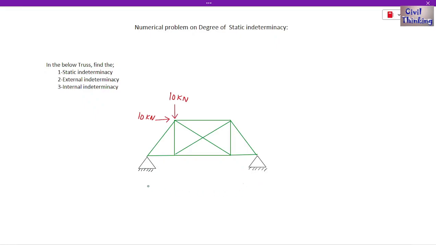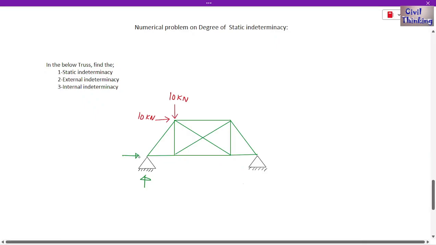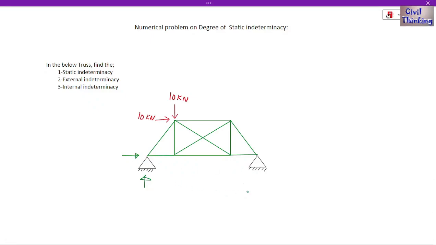Now this is a pin support, we have two reactions, right? Here also for a pin support we have two reactions, so here also we have pin, so we have two reactions, right?